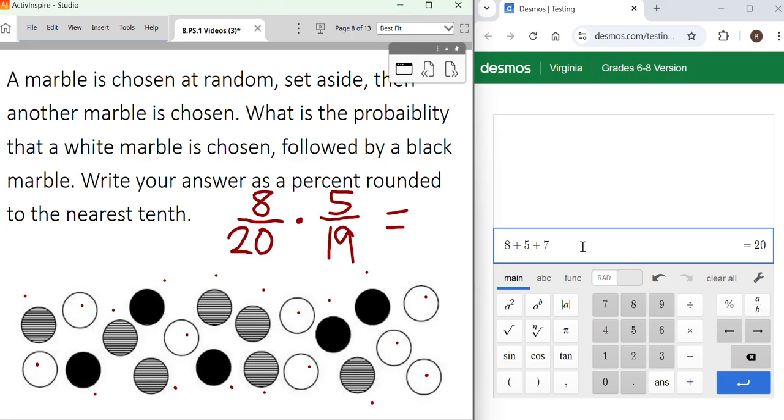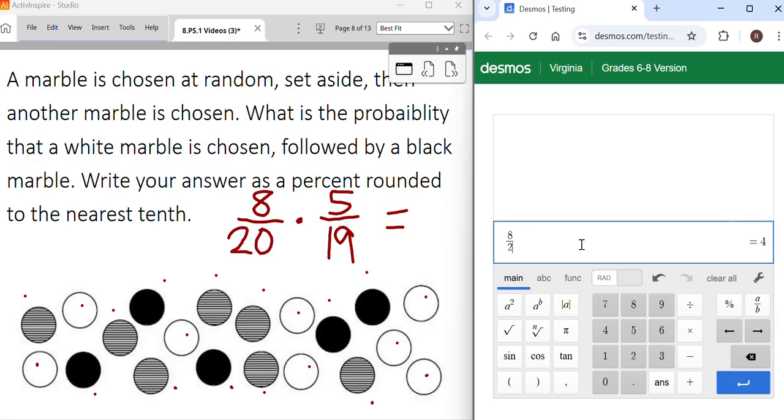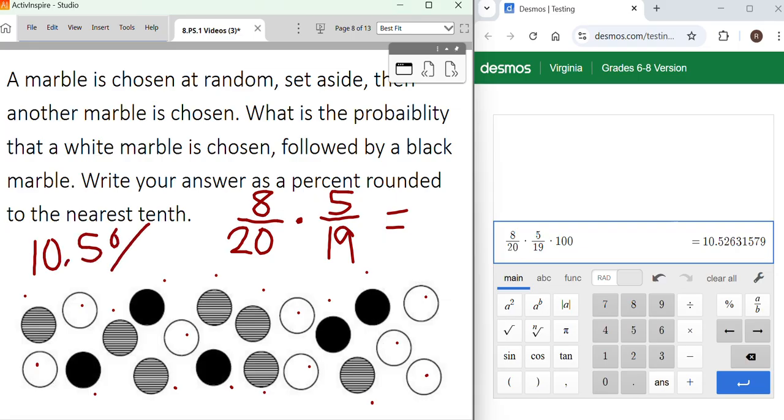So since it's asking me for a percent rounded to the nearest tenth, I'm going to go ahead and put this all on one line. 8 divided by 20 times 5 divided by 19 times, we want it as a percent, we multiply by 100. So my answer, rounded to the nearest tenth, would be 10.5%. That's the probability that those two things will happen.